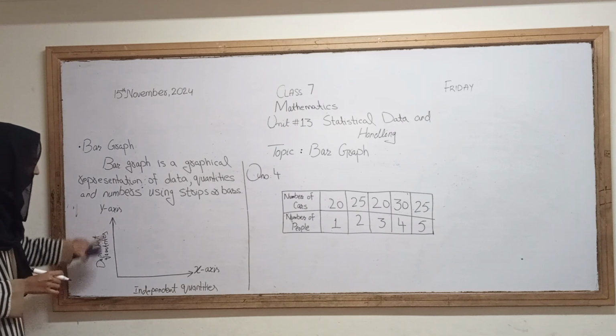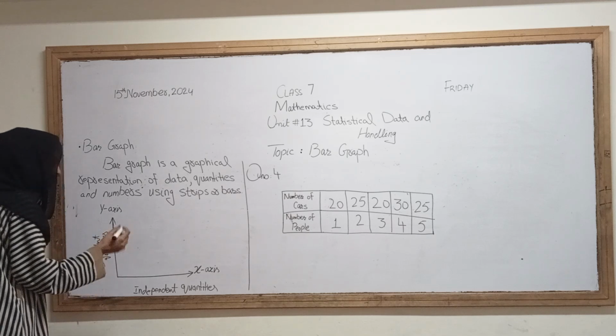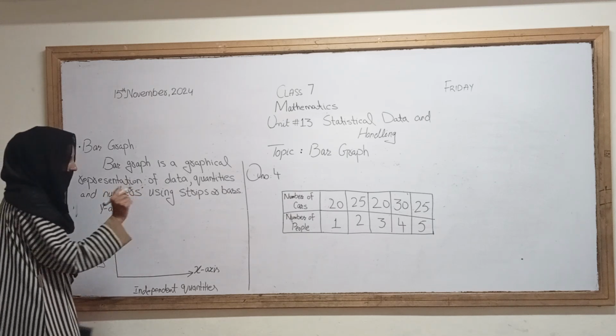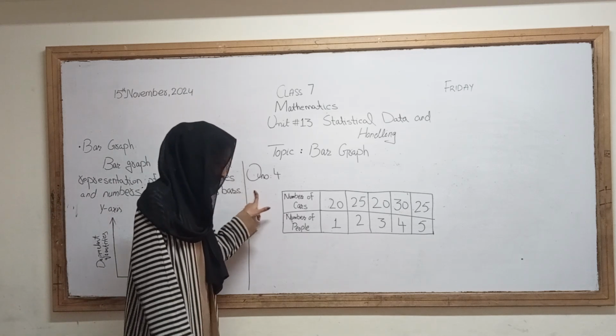Dependent quantities along the y-axis and independent quantities along the x-axis. And by using the data we have to draw the bar graph. For example, we have question number 4 from our exercise 13b.